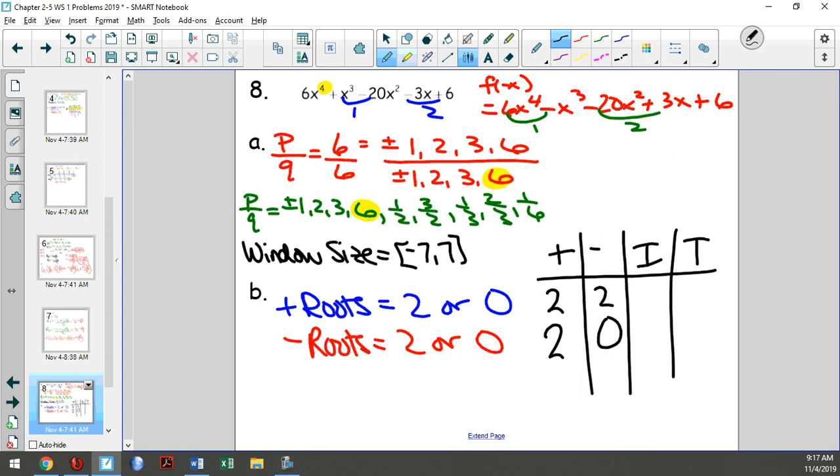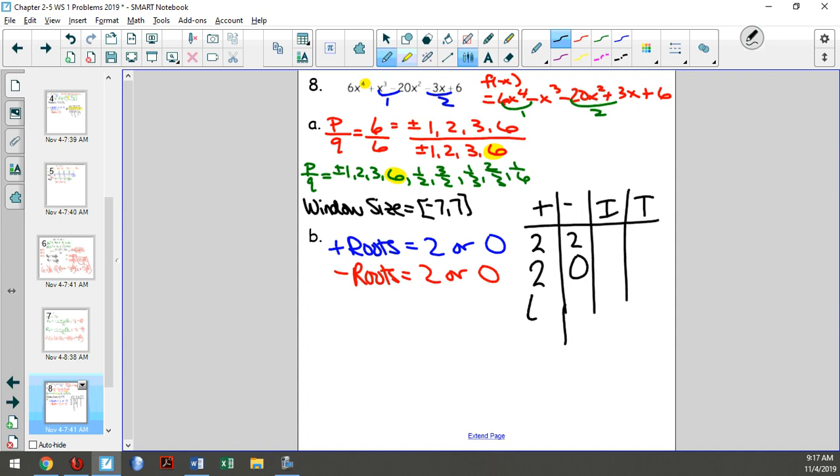Do we see that? Which means that 0 positive can be paired with 2 negative, and 0 positive can be paired with 0 negative. Do we all understand that? Yes or no? I paired every positive with every option that was negative, and every negative with every positive option. Okay? I have to have a total of 4 each and every time.